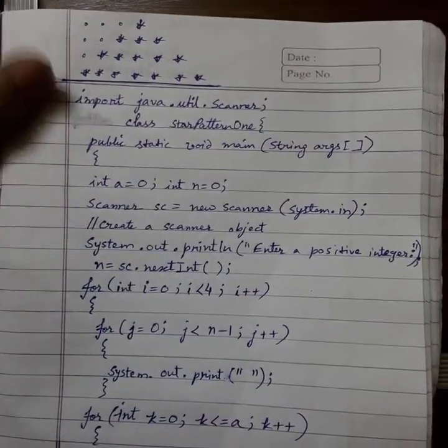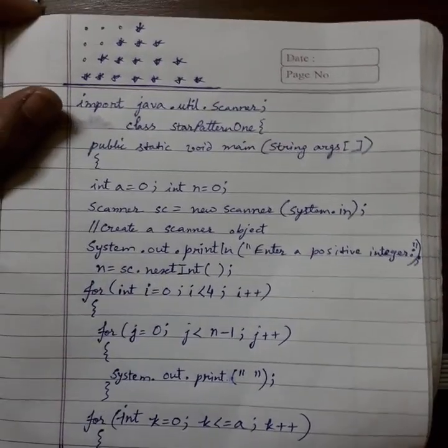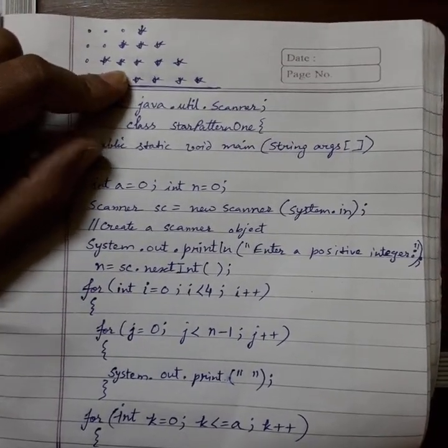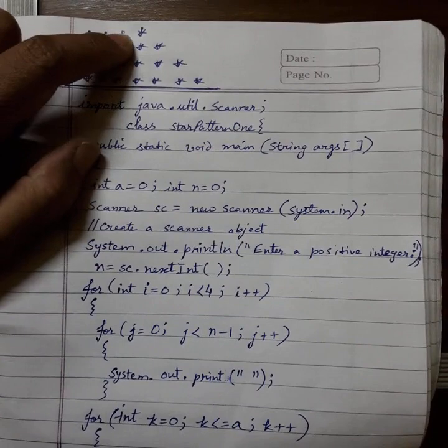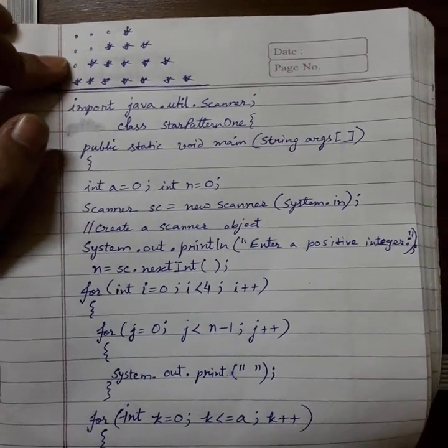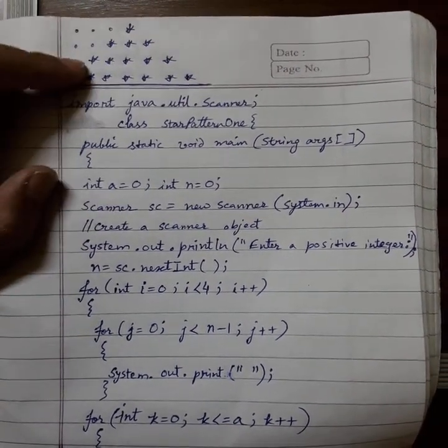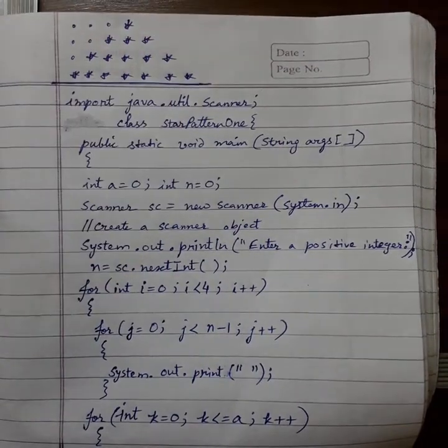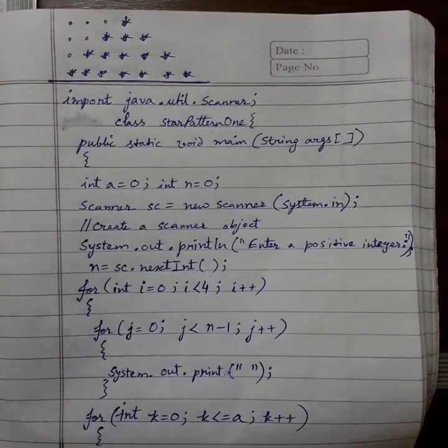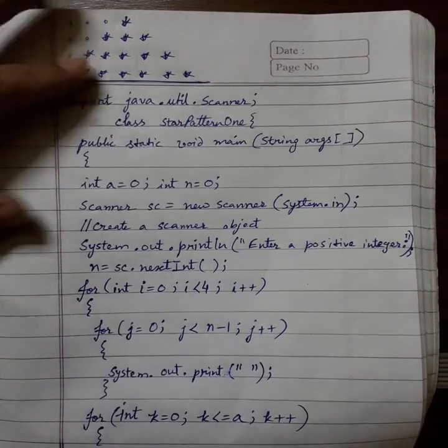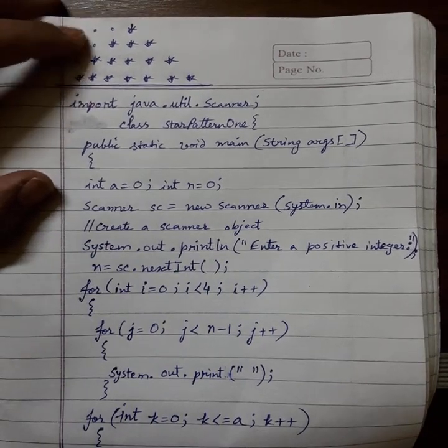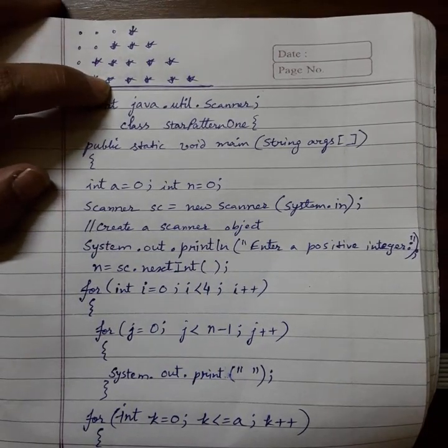And here in this pattern, as you can see, how do we process this pattern in order to create this code? As you can see, there are 4 lines here.